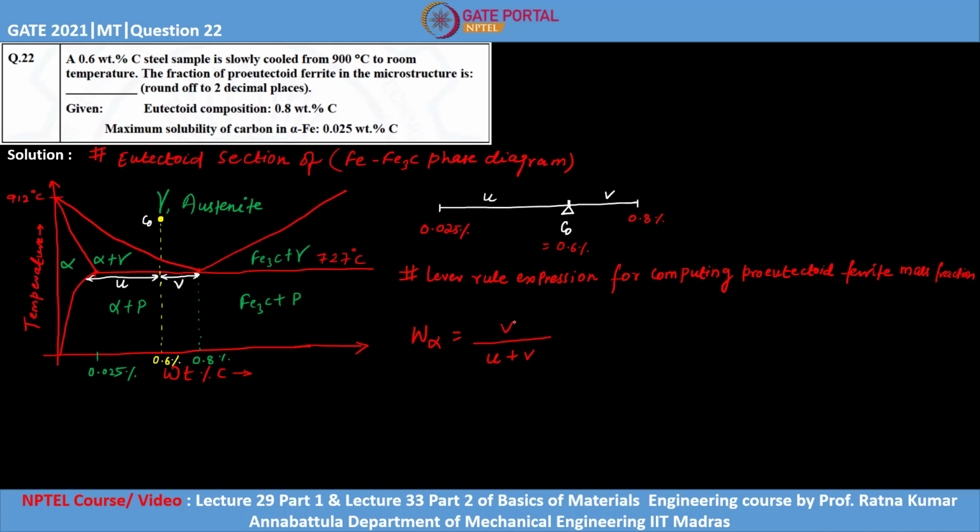The value of V will be nothing but 0.8 minus 0.6, and the total value of U plus V will be equal to 0.8 minus 0.025. So by simply putting these values, we can easily calculate the weight fraction of pro-eutectoid alpha, which will be equal to 0.26. So the fraction of pro-eutectoid ferrite in this will be equal to 0.26. So that will be the correct answer.